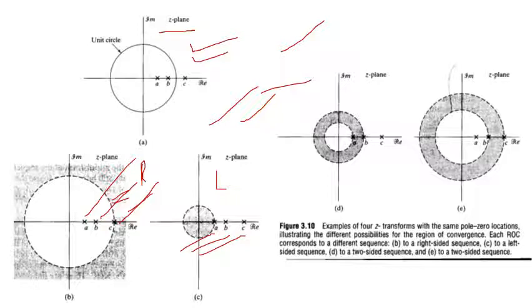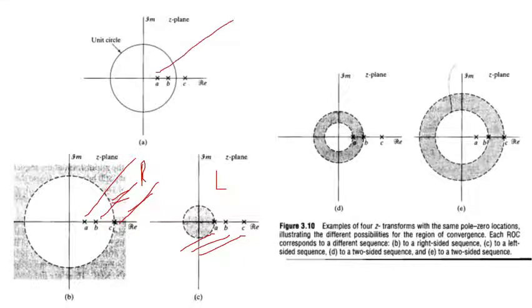If A is right-sided, B is left-sided, and C is left-sided, where the three lines cut is between B and C. Let me write it clearly.